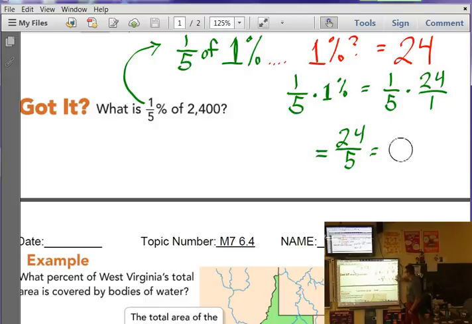Actually, let me show that just to make sure we're good. I would get 4 and 4/5, which when I want to convert this to a decimal, what do I need in the denominator? I need a 10 in the denominator. So I double both of these. I get 4 and 8/10, which gives me 4.8.